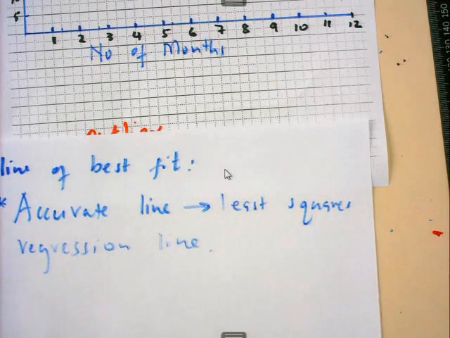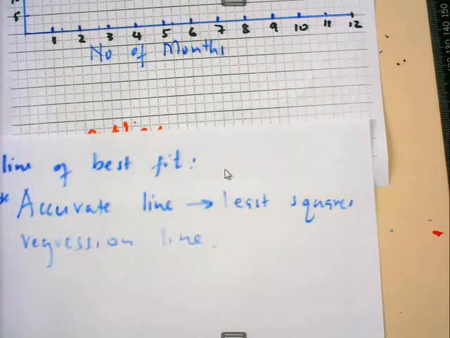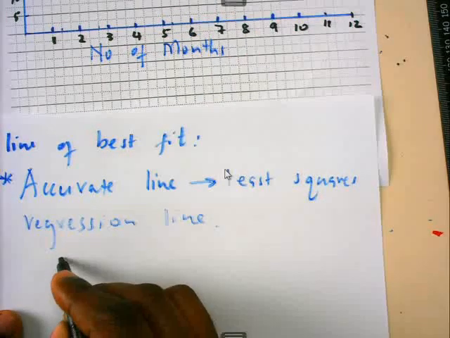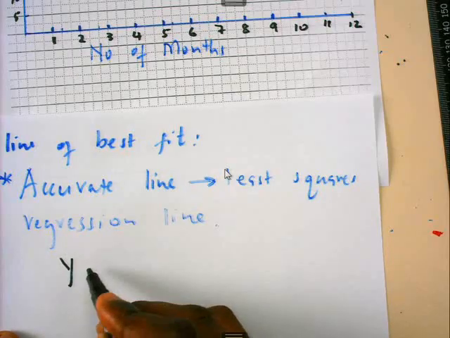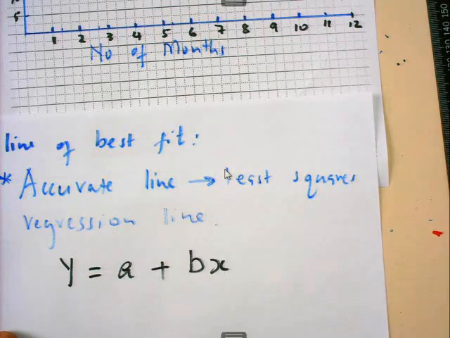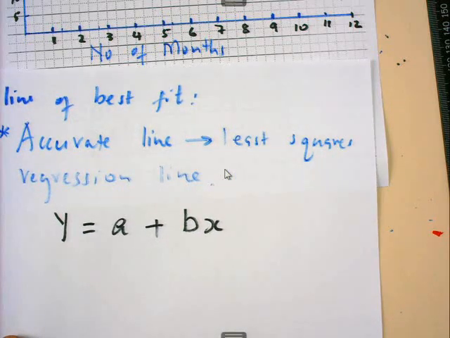That line of best fit is called the least squares regression line. Now the least squares regression line, because it's a linear line, will have this kind of expression.